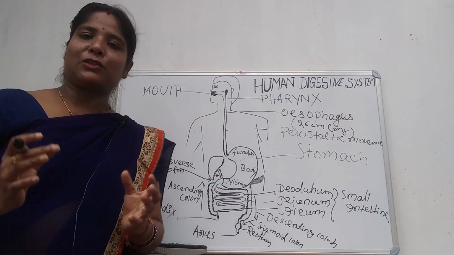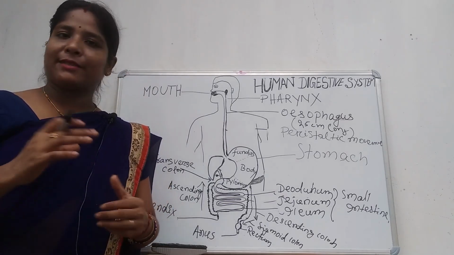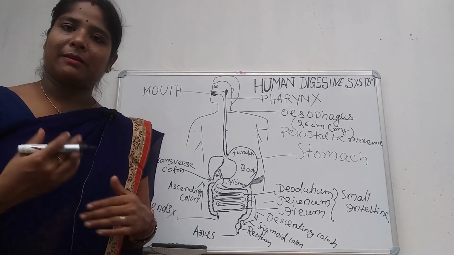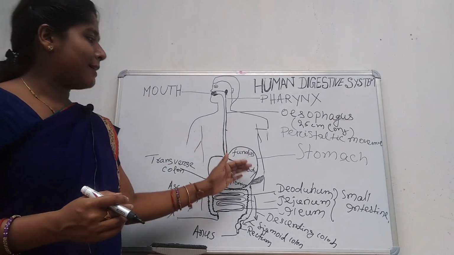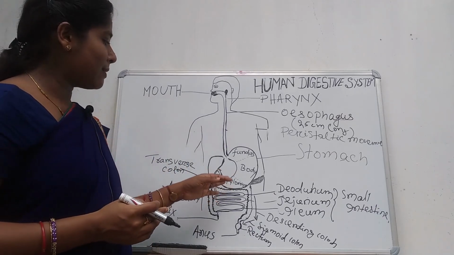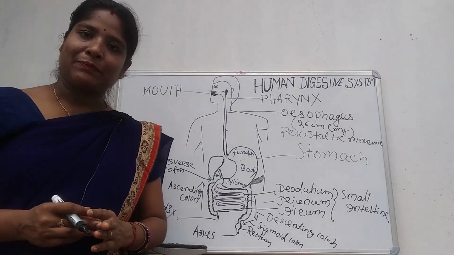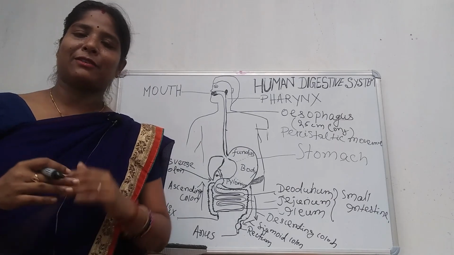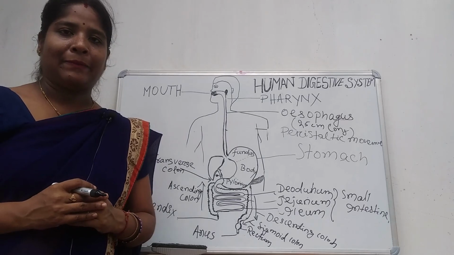The wall of the stomach releases hydrochloric acid, gastric juice, which mixes with the food and digests it. No absorption takes place in the stomach, and the food passes to the small intestine. After digestion inside the stomach, the food is converted to a jelly-like structure called chyle.